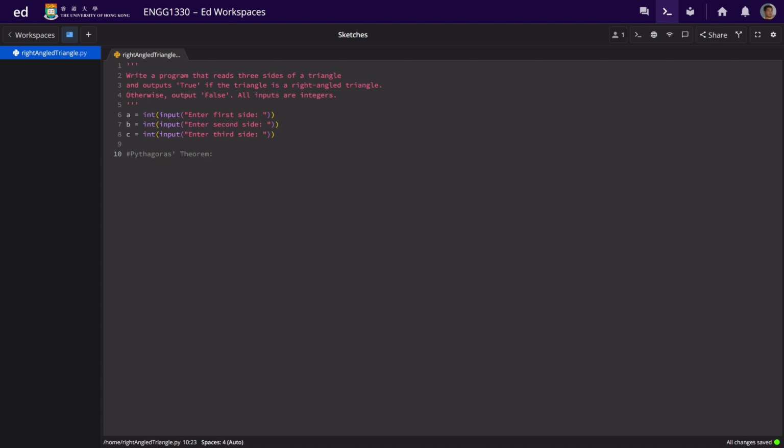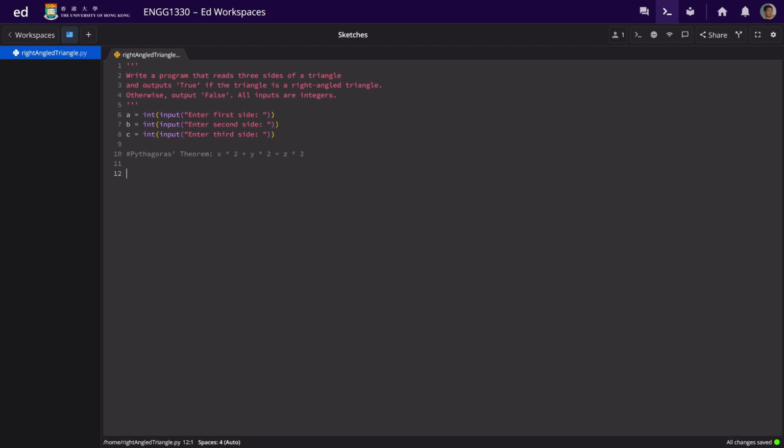So that is, if there's a triangle with sides x, y, and z, and square of x plus square of y is square of z, then we could say the triangle formed by x, y, and z is right-angled. So there is one little problem, is that we don't know which of A, B, and C should serve as the z in here, and the other two would serve as x and y.